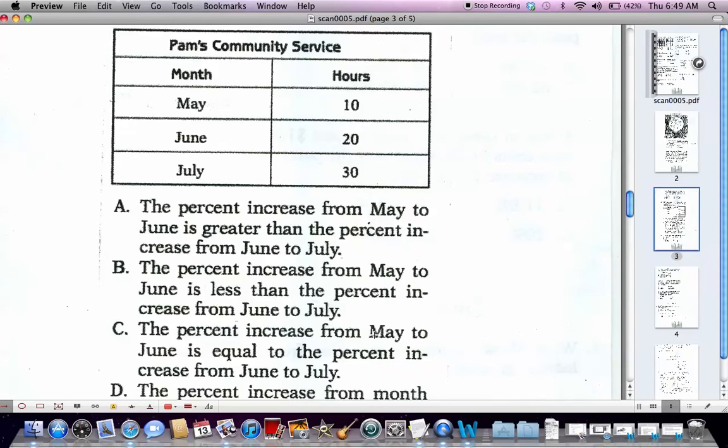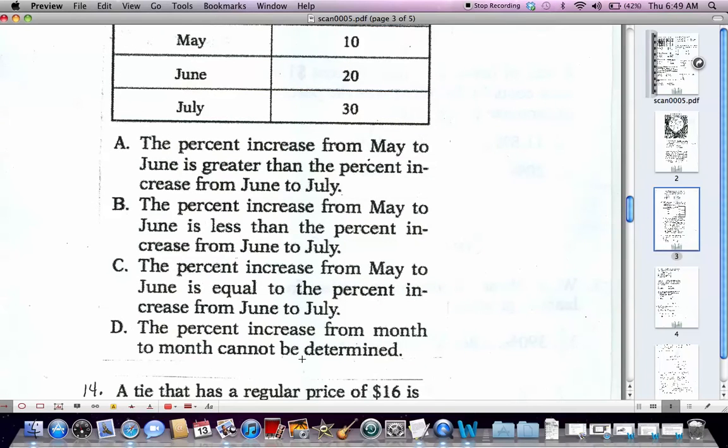The percent increase from May to June is equal to the percent increase from June to July. The percent increase from month to month cannot be determined. So you want to look and see from May to June and from June to July. Look at the percent increase and see if it's one of these possible choices. Okay.